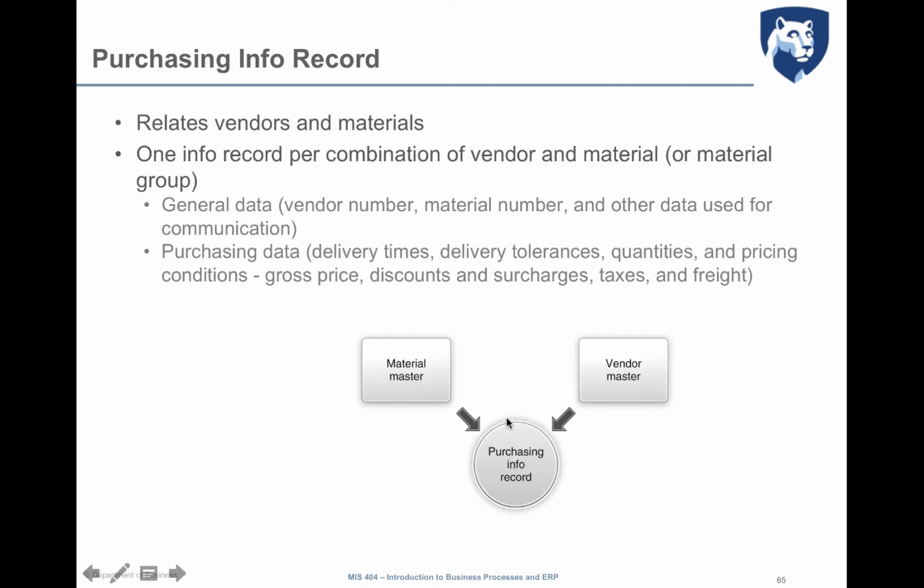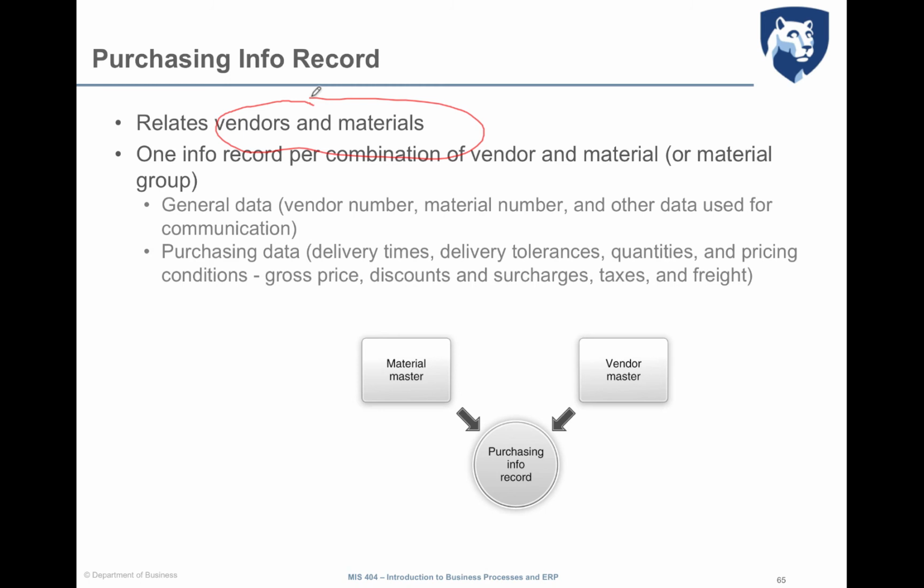Finally, we have the purchasing info record, which is an intersection or a combination of material and vendor data. So it relates to the vendors and materials.